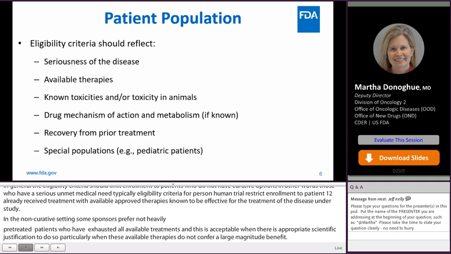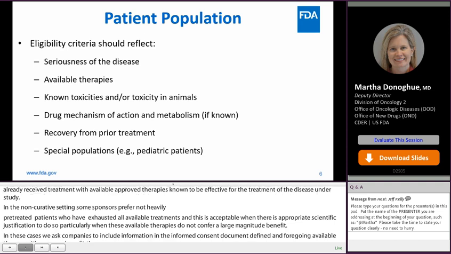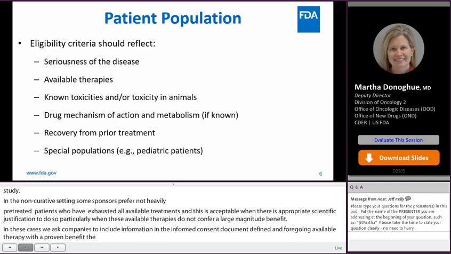The eligibility criteria should also aim to restrict enrollment to patients who are not at increased risk for serious toxicities related to the drug, based upon the available information and non-clinical studies identifying the most likely toxicities that patients will encounter and the drug's mechanism of action and anticipated route of metabolism.